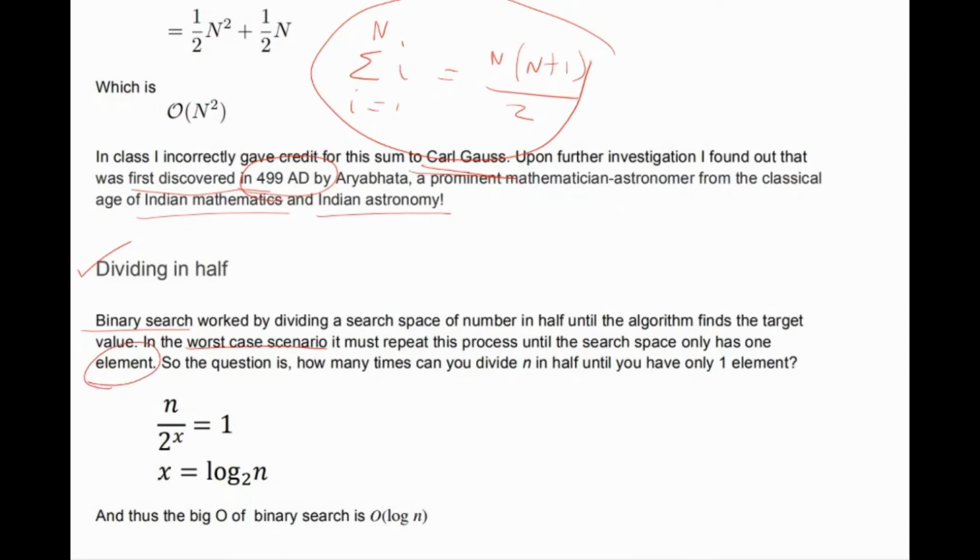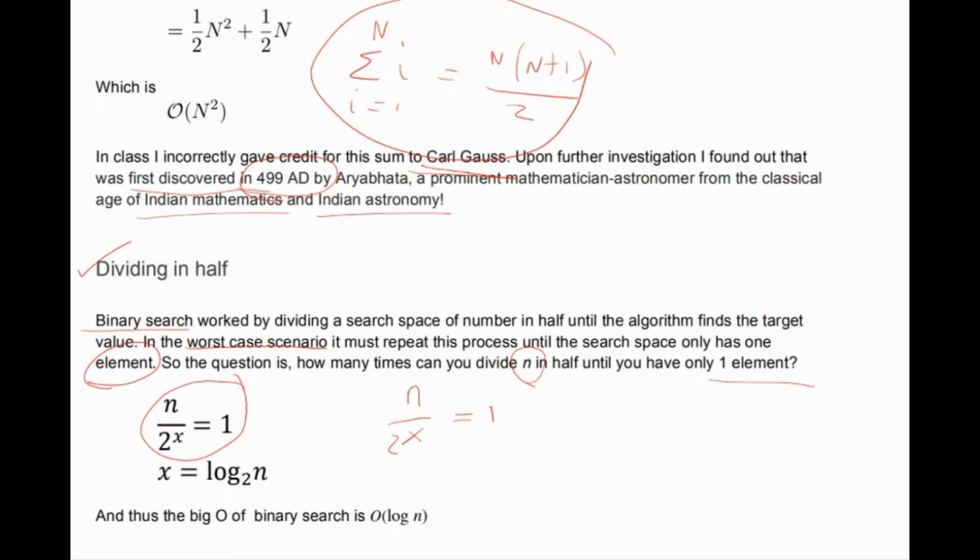So the question is, how many times can you divide n in half until you have only one element? Mathematically, we represent that by this expression: how many times you divide n by 2, such that the result will be only one element in each group or division.